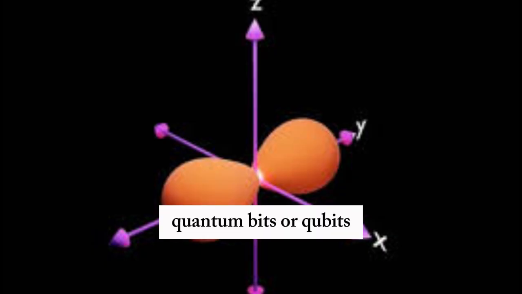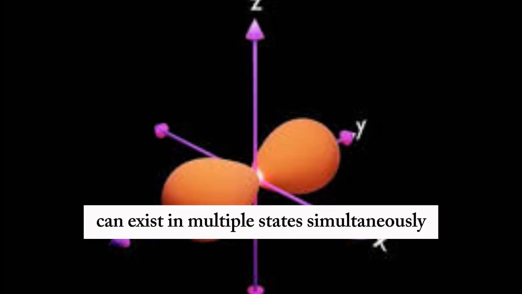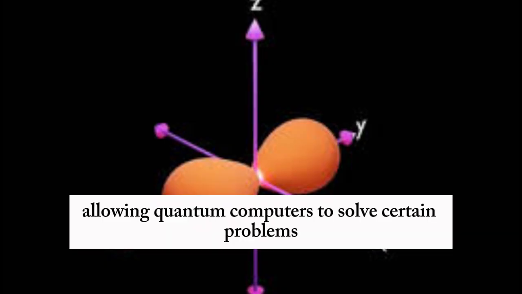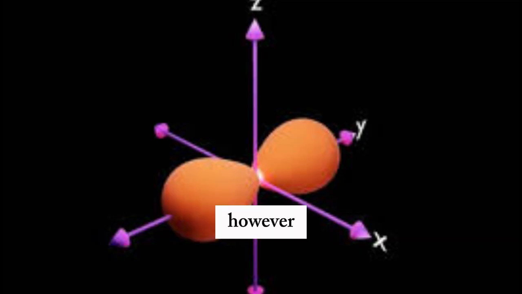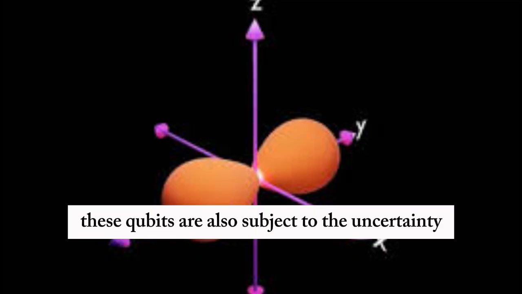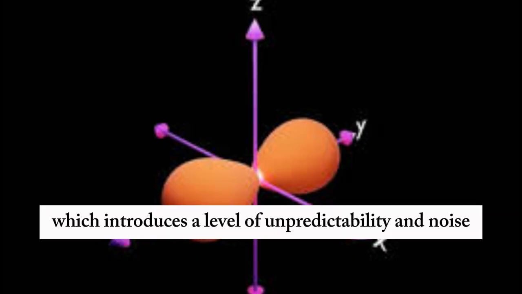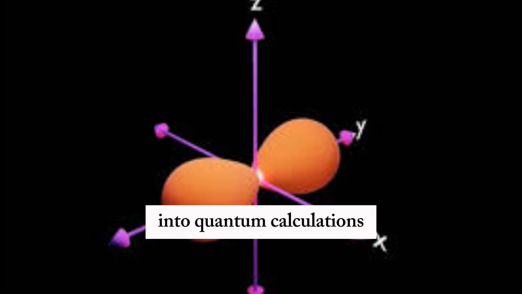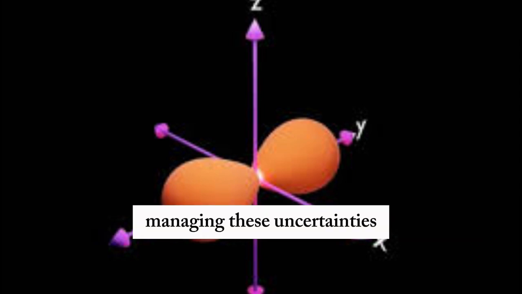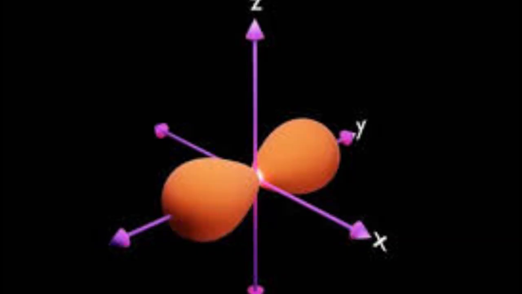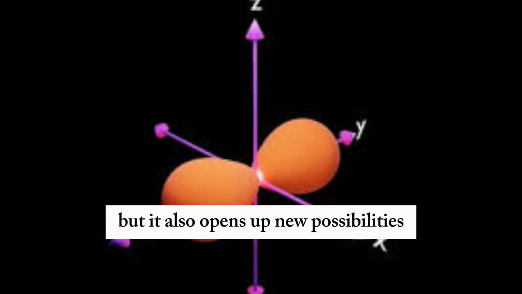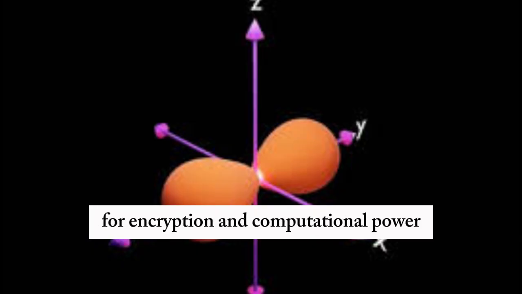Quantum bits, or qubits, can exist in multiple states simultaneously, allowing quantum computers to solve certain problems exponentially faster than their classical counterparts. However, these qubits are also subject to the uncertainty principle, which introduces a level of unpredictability and noise into quantum calculations. Managing these uncertainties is a major challenge in building reliable quantum computers, but it also opens up new possibilities for encryption and computational power.